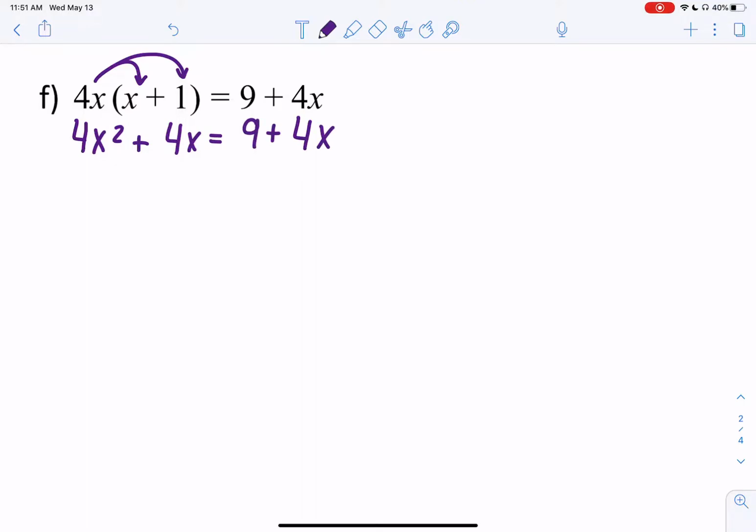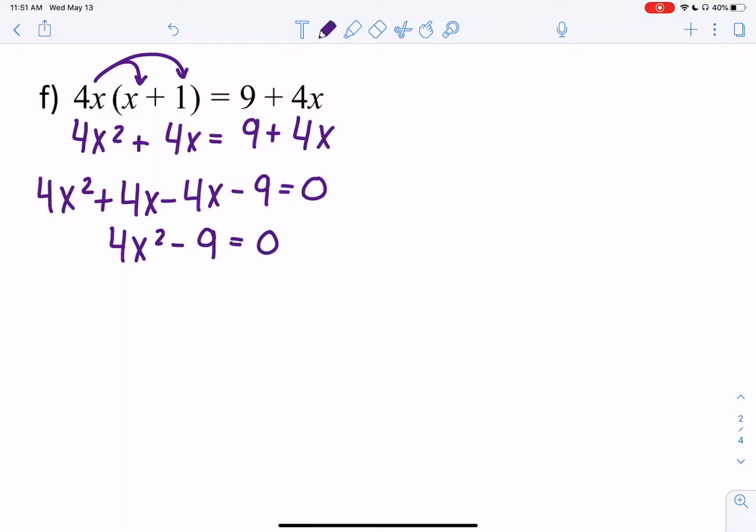Next, we're going to move everything over so that this all equals 0, and then collect some like terms. So now I have 4x squared minus 9 equals 0.